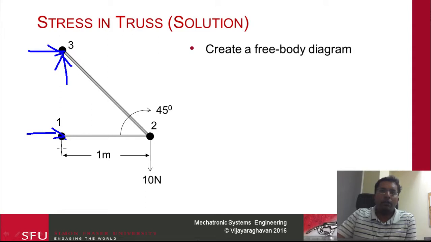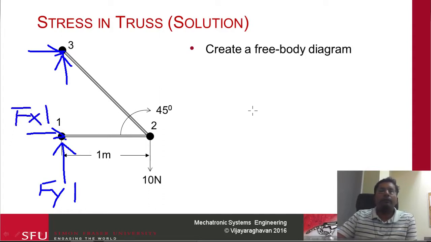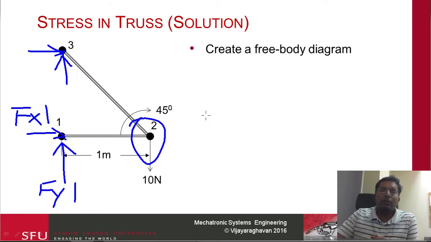Apply one force like so, another force going up. So we can call this Fy1, and then this is Fy3, and then this is going to be Fx1 and so on. The next thing we're going to do is separate these out and then look at this link alone.